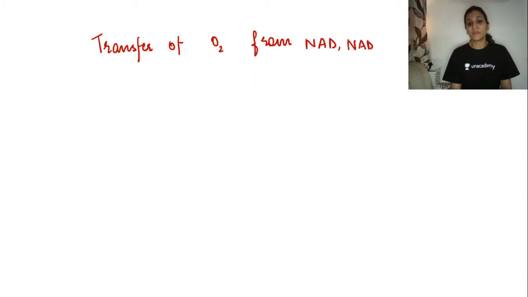What is electron transport chain actually? It is transfer of electrons from NADH and FADH2 to the final receptor. What other thing can be said?